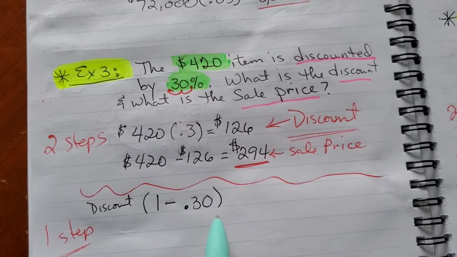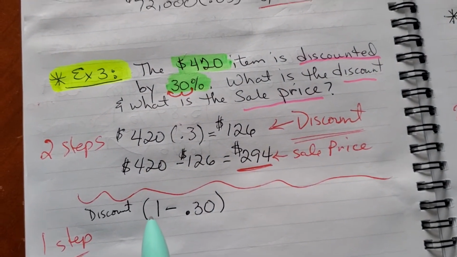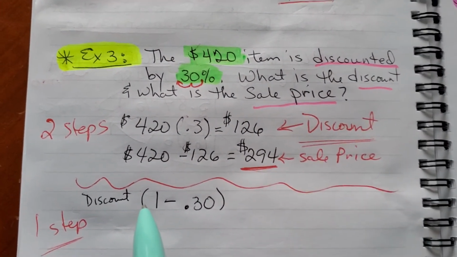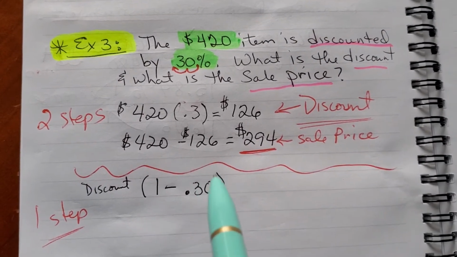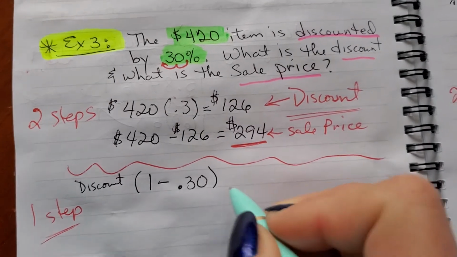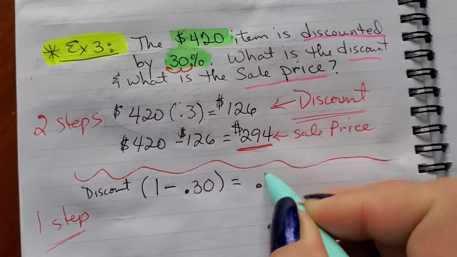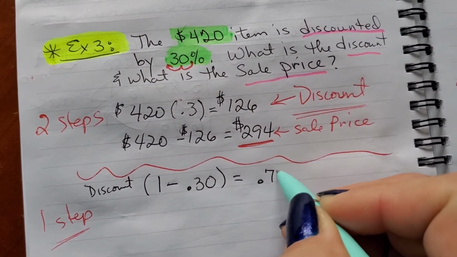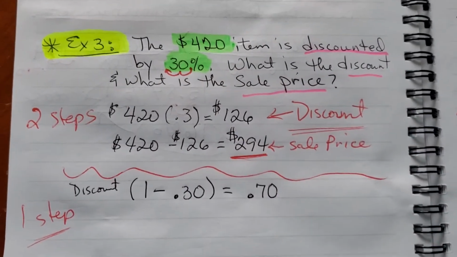So instead of adding that 30% extra, as if it was a tax or a commission, we are taking a discount of 30%. So we're going to take 1 minus 0.30, and that gives us 0.70 or 0.7. You can use either, it's the same.